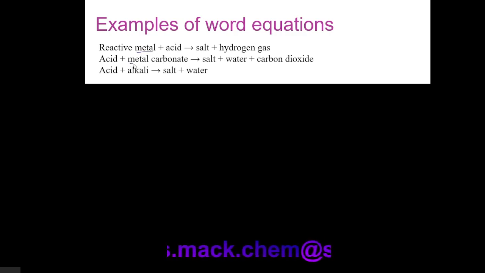There's also a metal carbonate, which will react with the acid. And another name for an alkali is a metal hydroxide. So can we see a pattern here? The pattern is that the other reactant contains a metal, and this metal becomes the first name of the salt.